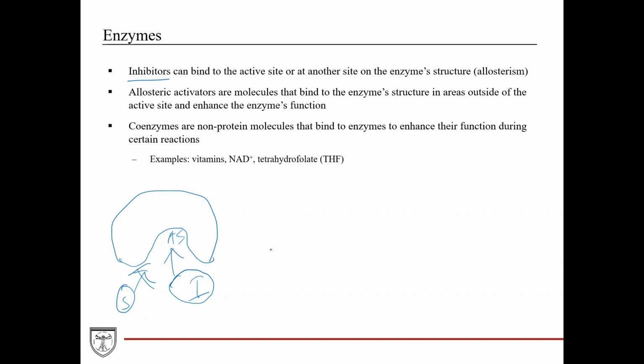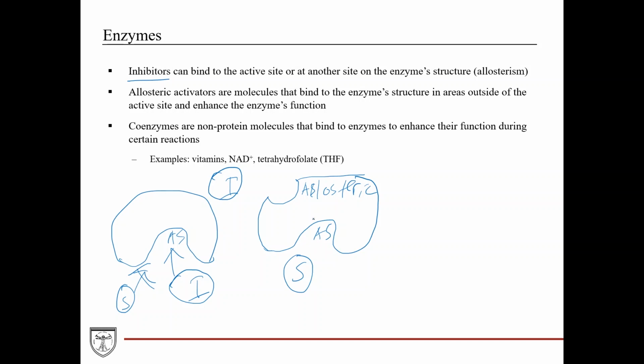You can also have what's called allosteric inhibition or activation. If you have an enzyme structure like this, you have an allosteric site right here. We'll call it allosteric so you don't confuse it with the active site here. You have an inhibitor that comes in, and then you have substrate. The substrate can come in here and bind, but the problem is if you have an allosteric inhibitor, it can come in and bind and change the conformation.